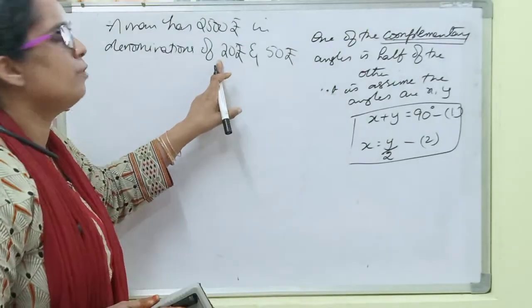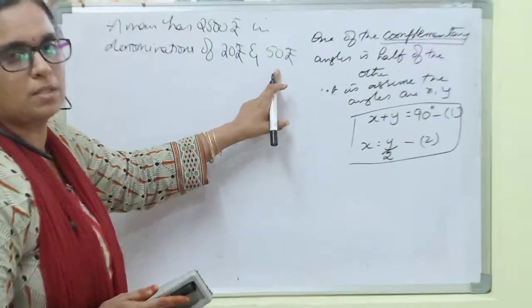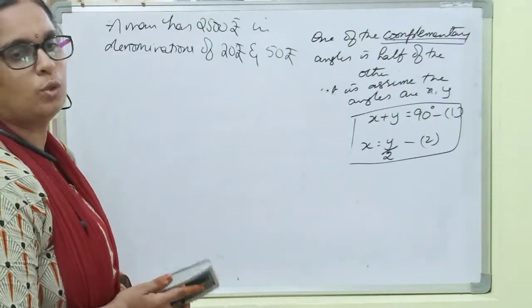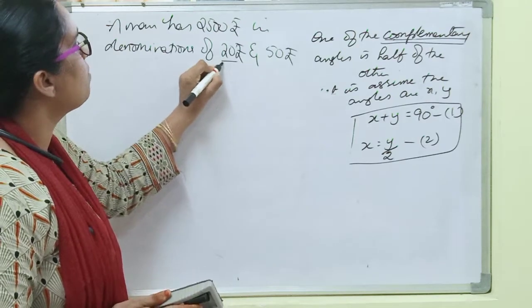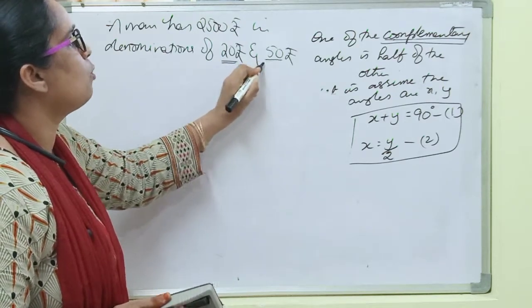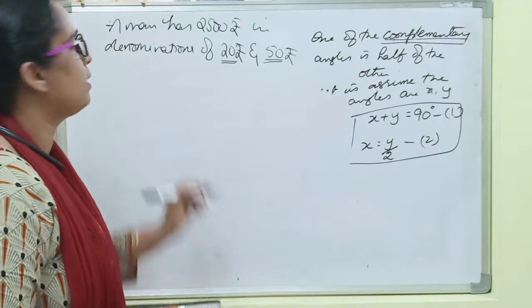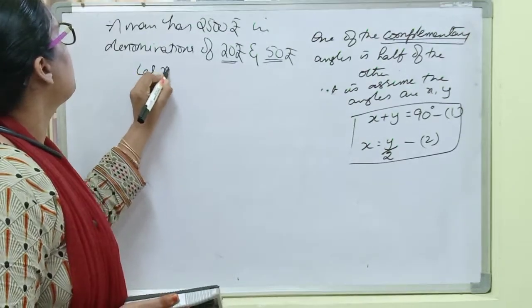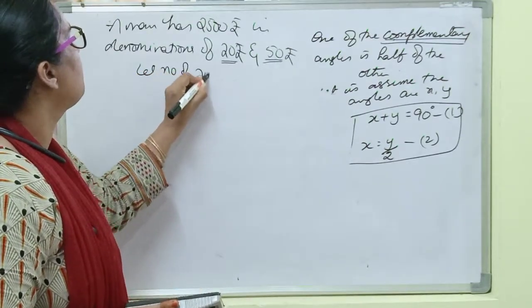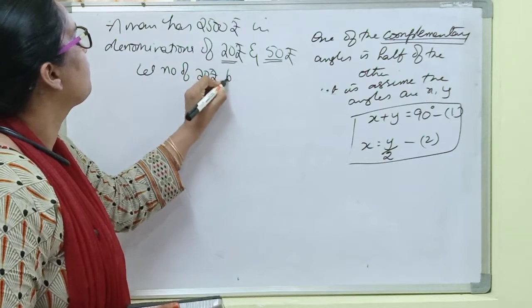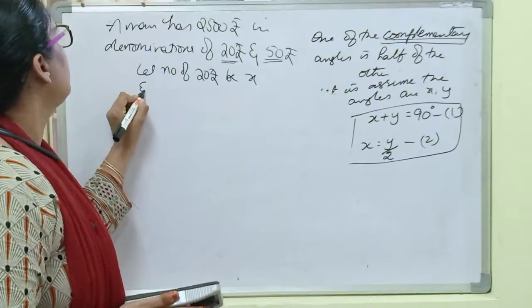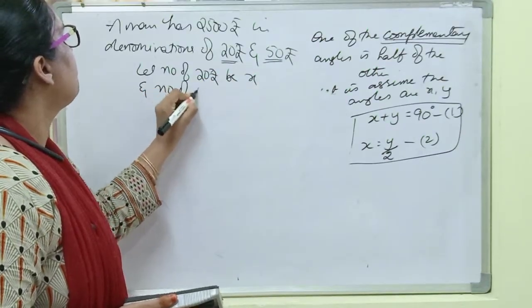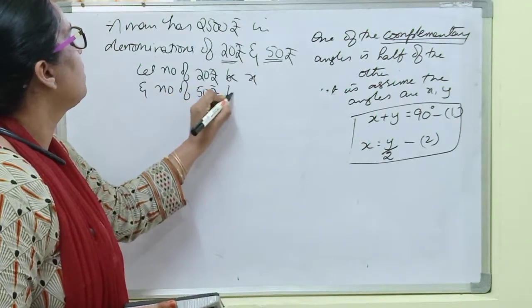He has notes of 20 rupees and 50 rupees. Okay, so what is that we don't know? We don't know how many number of 20 rupees notes are there and how many number of 50 rupees notes are there. So let number of 20 rupees notes be x and number of 50 rupees notes be y.